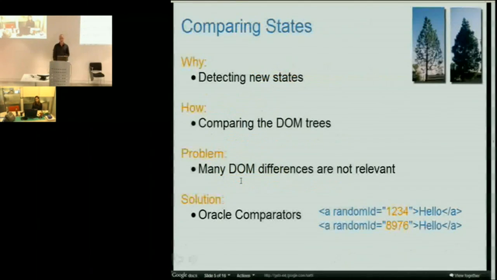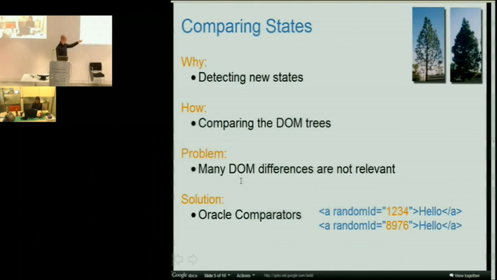So I talked about comparing states. There is a new state, and how can we detect it? So you should know, are we now in a new state? Is it a previously visited state? So how do we do it? We do it by comparing the DOM trees. But there's a little problem there, because there are often many non-relevant differences.